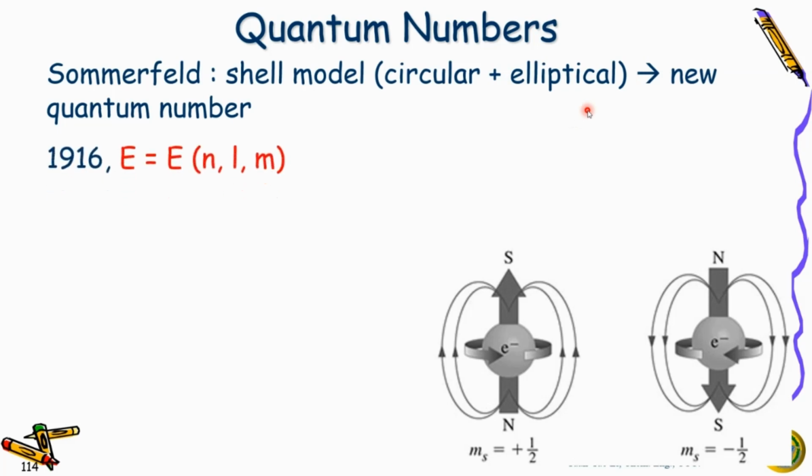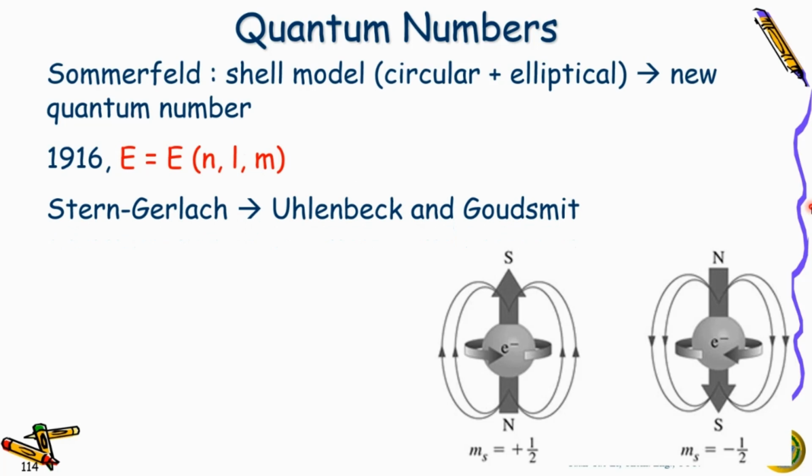So in 1916, the electron was related to three quantum numbers, which are the principal quantum number, L, and M. And by the studies of Goudsmit and Uhlenbeck in 1925, the number of quantum numbers becomes 4.